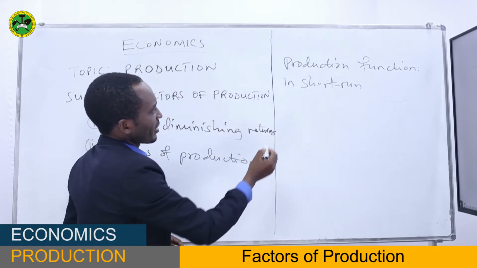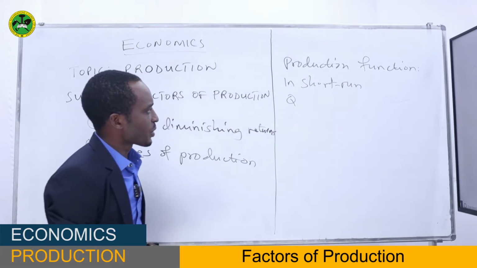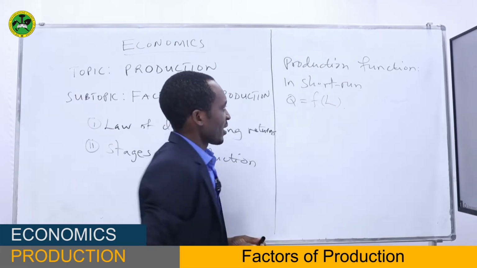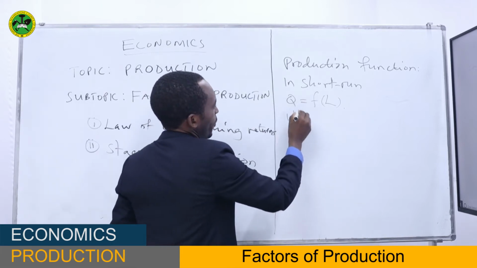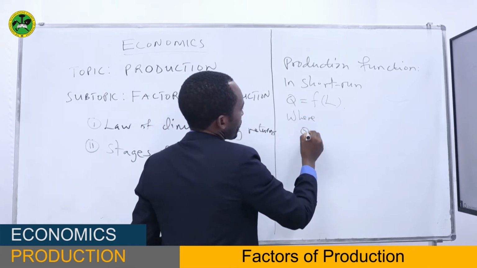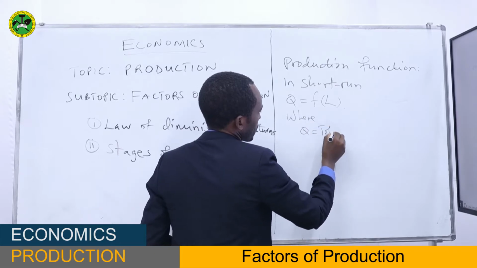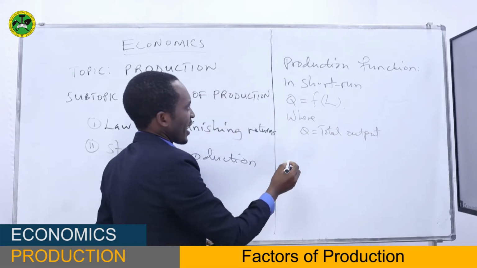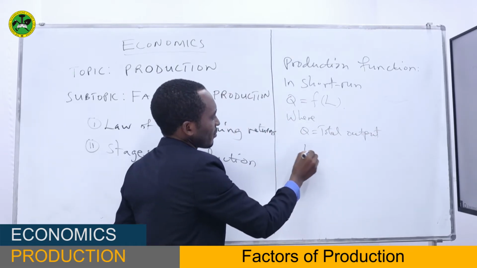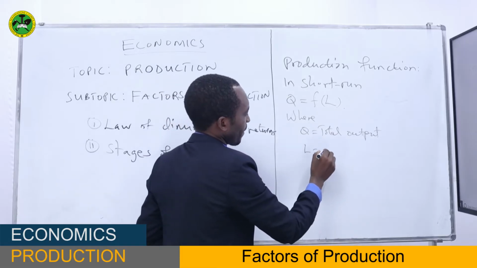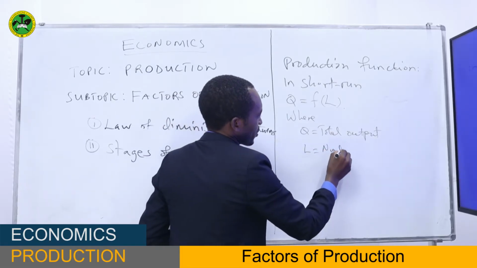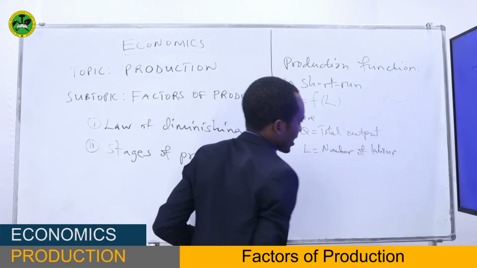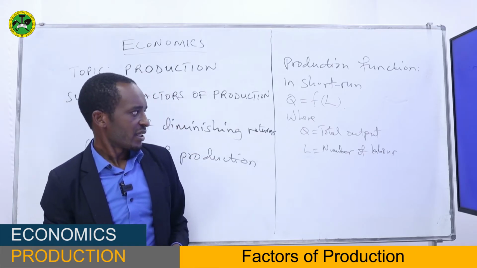Okay, now in short run, the output produced will be equal to a function of labor, Q = f(L), where Q is equal to total output, and L is equal to number of labor or workers which will be employed.